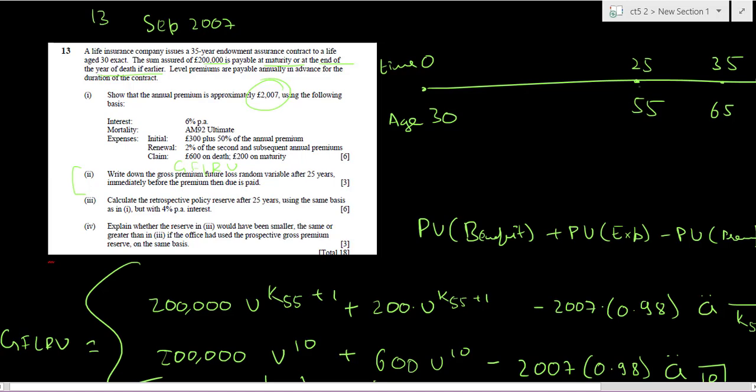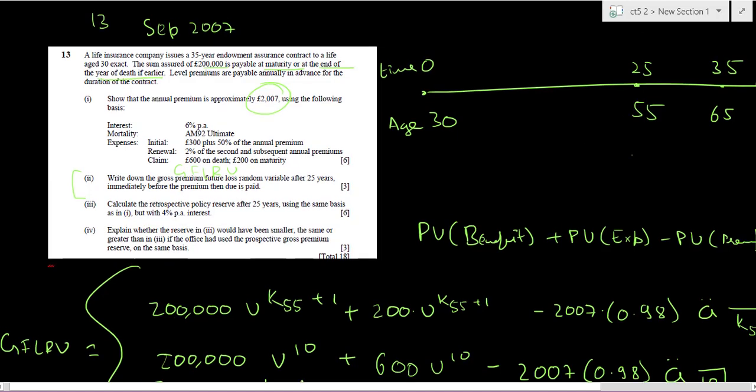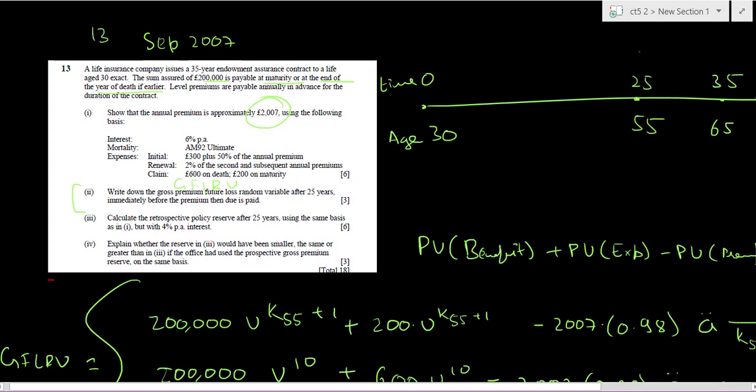So this is always our assumption that at this particular time we are calculating the gross future loss random variable, or when we do reserve, the claim that pertains to the previous year would be paid at this time. And the premium that pertains to the next year, since it is receivable in advance, would also be received at this same time.